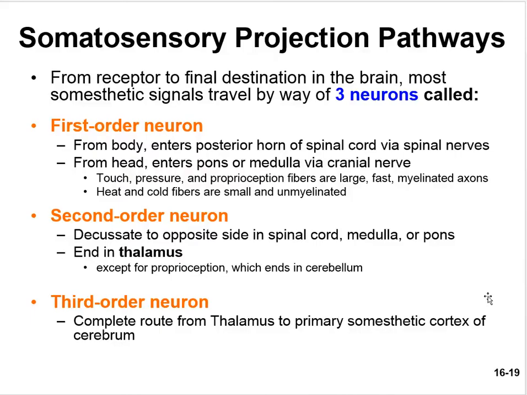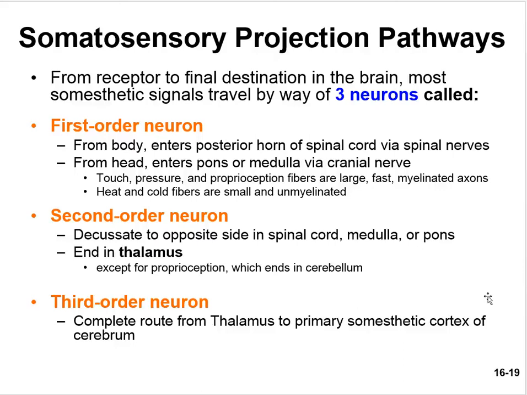The somatosensory projection pathway means the pathway of response from receptor all the way to the central nervous system to the correct interpretation of that action potential. So from receptor to final destination in the brain, there's usually 3 neurons involved, called a first order neuron, a second order neuron, and then a third order neuron.